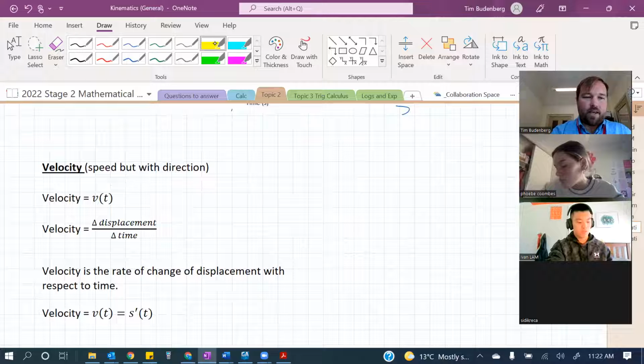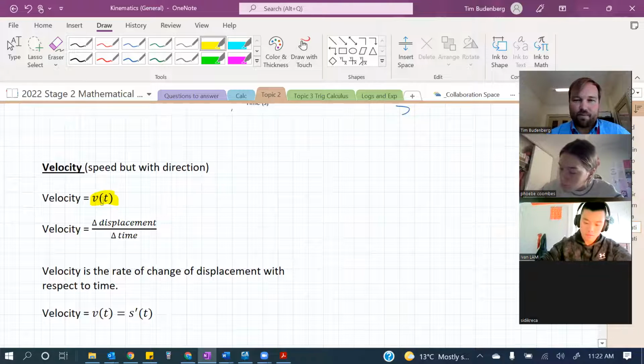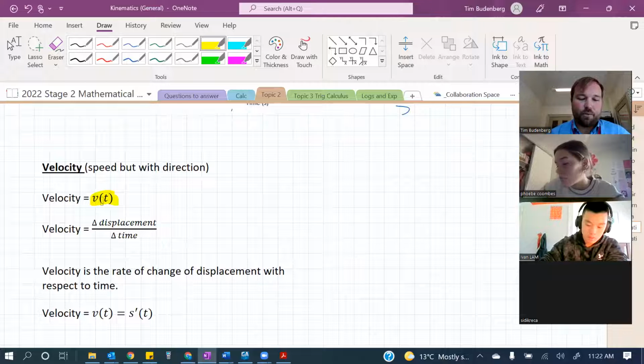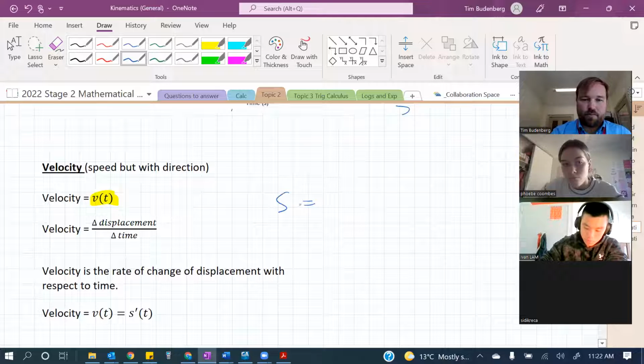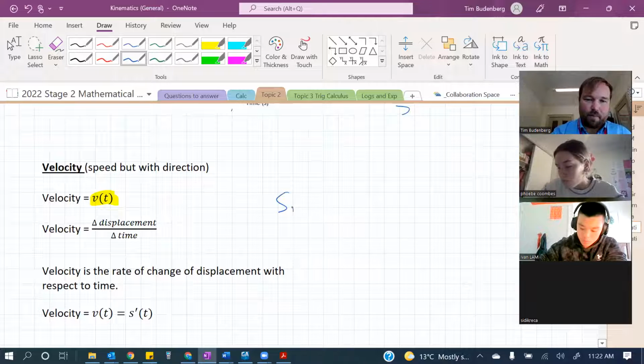Velocity is given by the graph VT, velocity over time. You might remember from year 10 that speed equals distance over time.